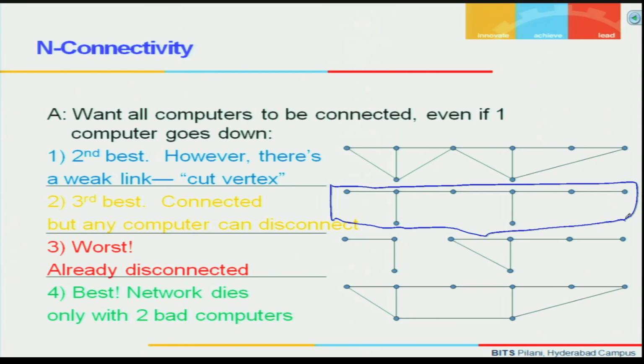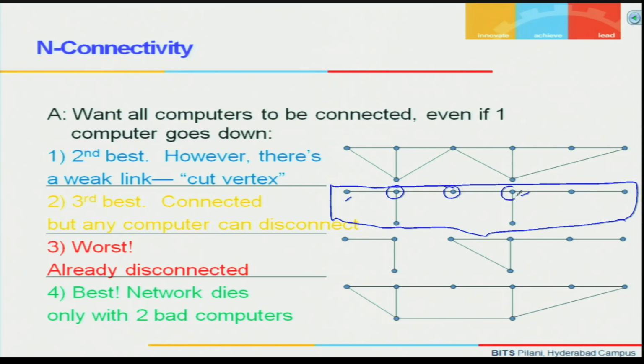This is definitely connected, but if this guy goes down, that means if this computer goes down, or if I remove this particular vertex, then the whole graph becomes disconnected. And even if this guy goes down, there is no connection between this vertex and this vertex, hence your graph becomes disconnected.